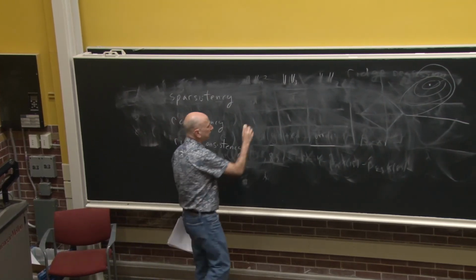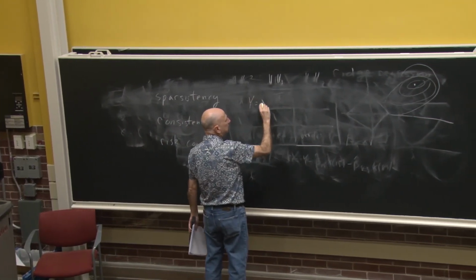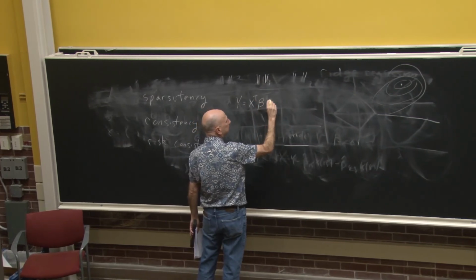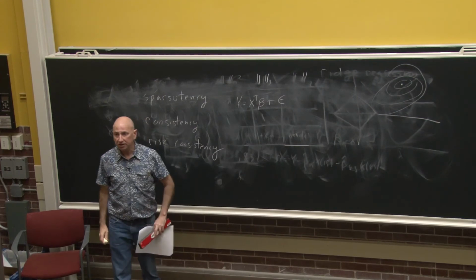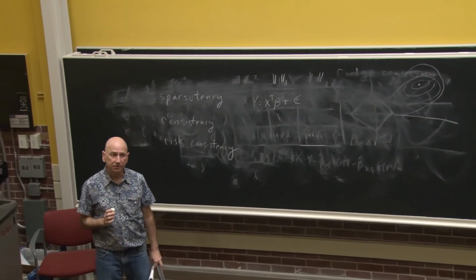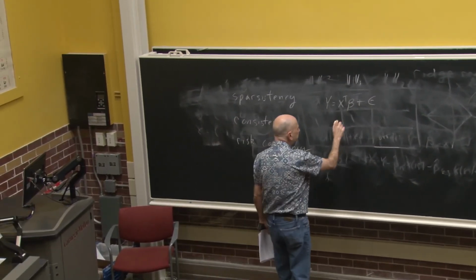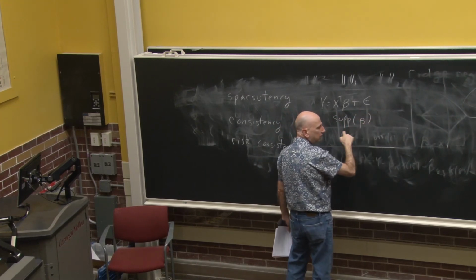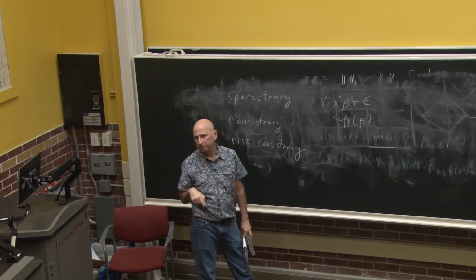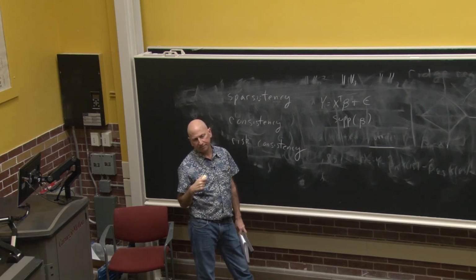Sparsistency refers to the following. Suppose the true model is actually linear. Suppose that the true beta is sparse. And let's define the support of beta to be all the places where it's not 0, some small set.